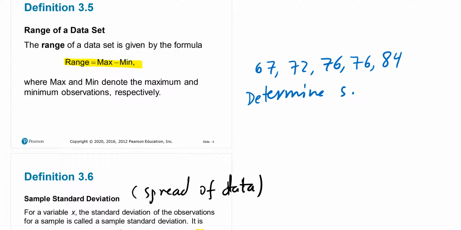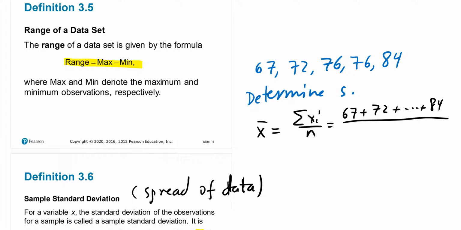The way I do it, I use tables to organize my work. First thing, I find x bar, the mean from the previous section, which is the sum of xi over n. We add the numbers up all the way to the end, we get 375, and if you calculate it, you get 75. Now I'm going to use a table.